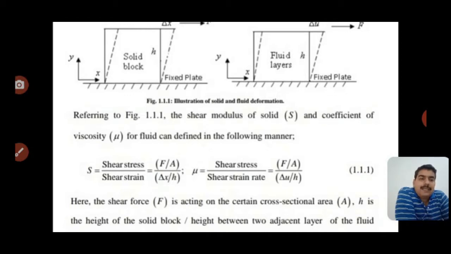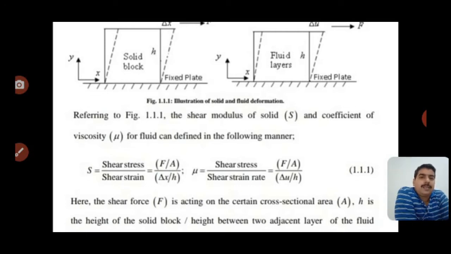And in the case of fluid particles, mu is the dynamic viscosity, equal to shear stress upon shear strain rate. In solid bodies there is shear strain only, but in the case of fluid it is the shear strain rate, that is delta u upon h, how much the velocity changes with respect to distance.